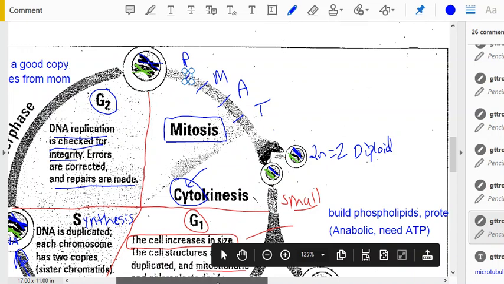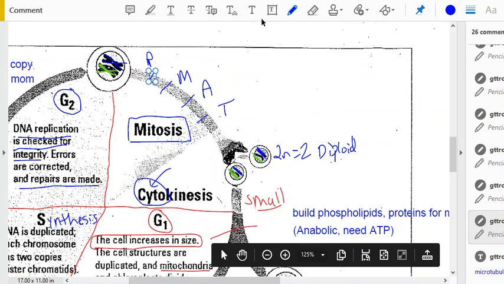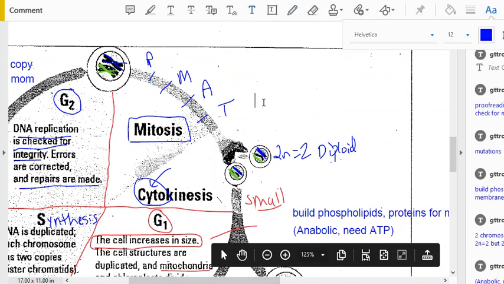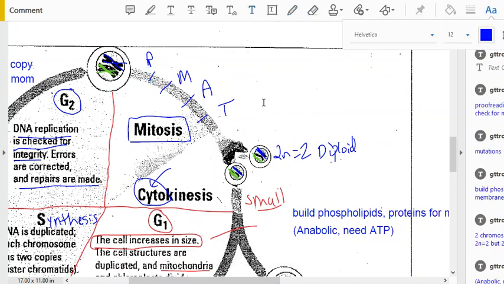So at the end of mitosis and cytokinesis, your product, we can go ahead and write this too. In this particular cell, we have two members of a homologous pair, the blue one and the green one, the two chromosomes. And remember, one was from mom and one was from dad.